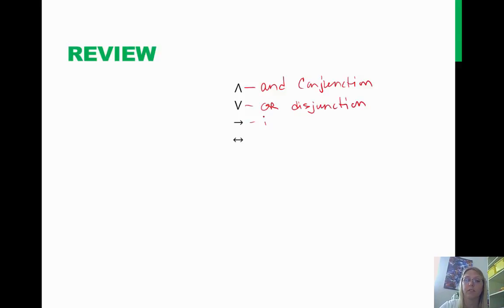This is the if-then statement. It is a conditional. And this is the if and only if biconditional.